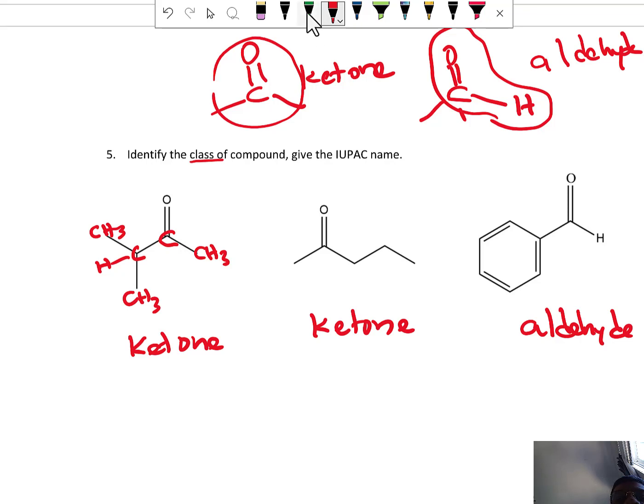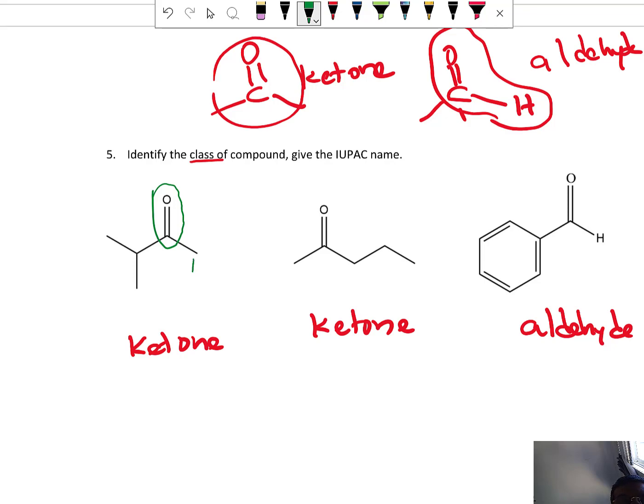Okay, now let's do the naming, right? To do the naming, let me clear this one so you can see clearly. You want to get the functional group within the main chain, and select the longest chain including the functional group, and give the lowest number possible for the ketone.